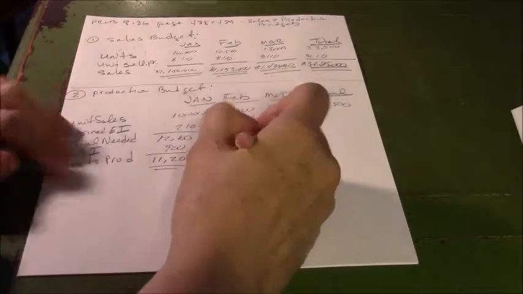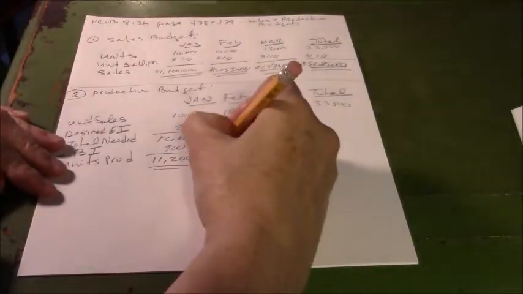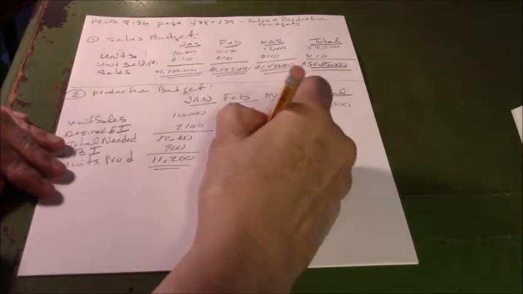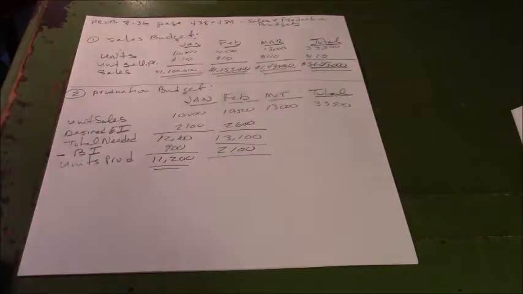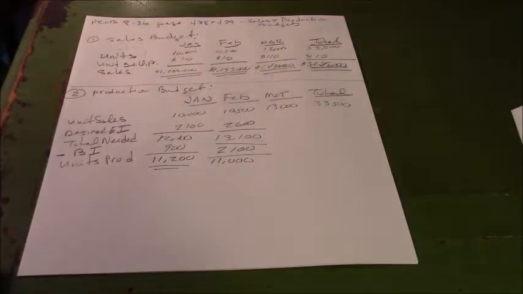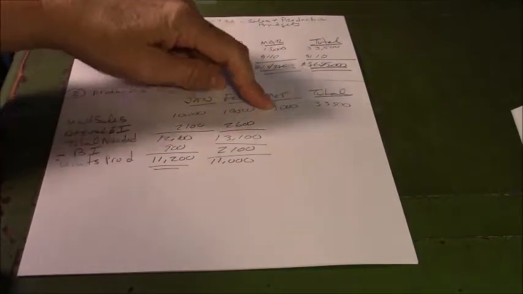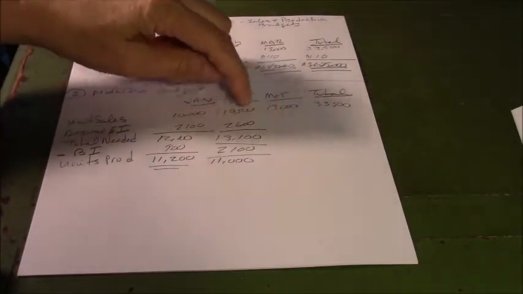And how many am I going to have in stock? Well, I'm shooting for 2,100, right? So hopefully my ending inventory will be 2,100. So 13,100 minus 2,100 means I need to make 11,000 in February.